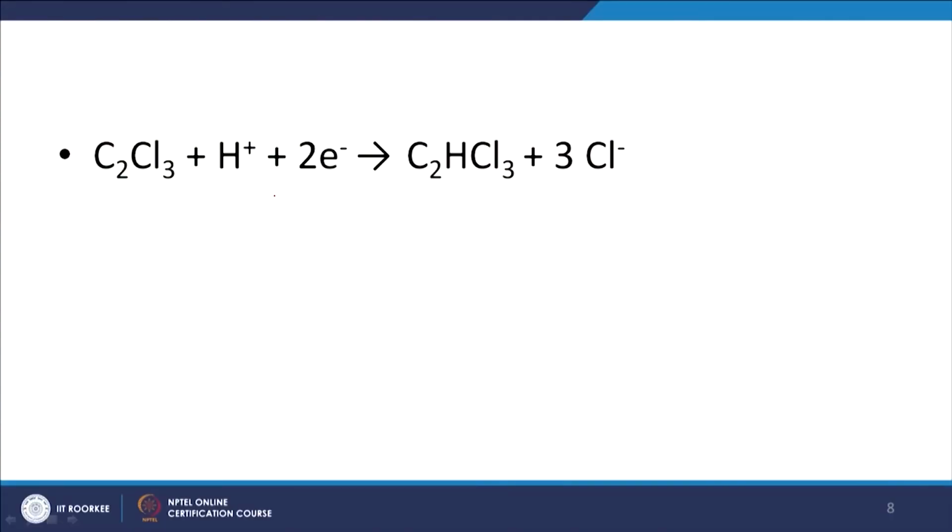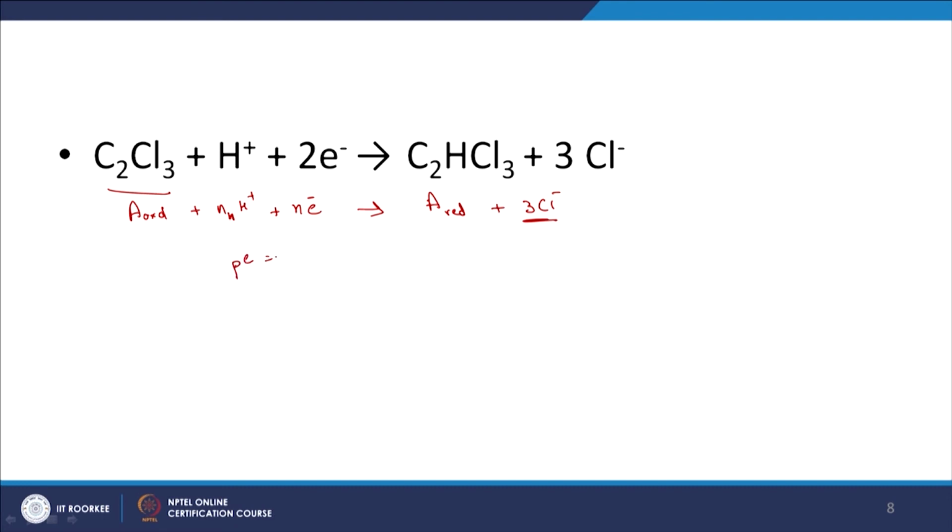Now we will move on to another case, when we have not just the oxidized form and the reduced form, but a few other elements. Let us try to understand that. Here we have the oxidized form, A oxidized, plus NH times H plus, plus N times electrons, going to the A reduced form, plus here we also have other elements, in this case 3Cl minus. Obviously, here we need to again try to understand the system.